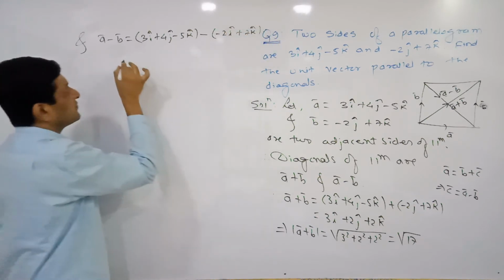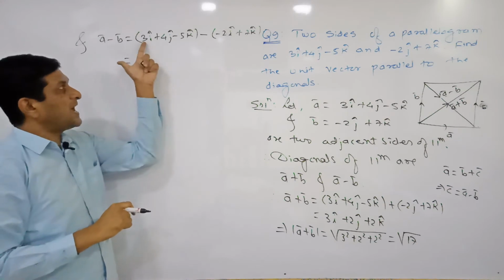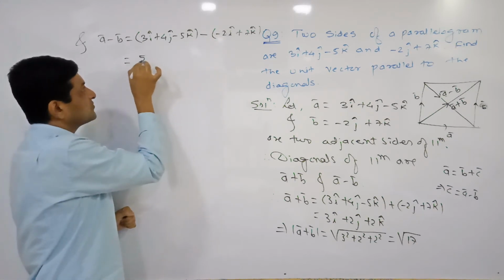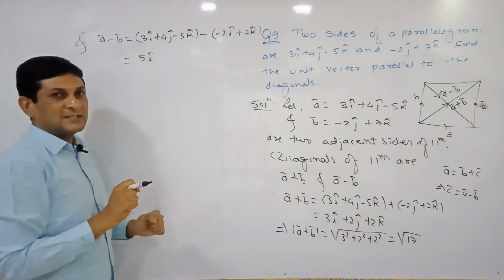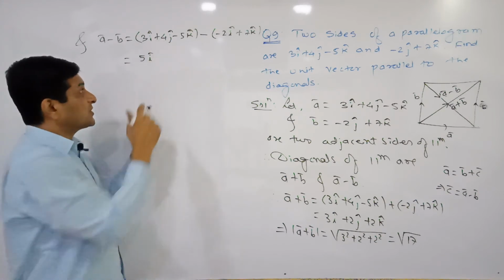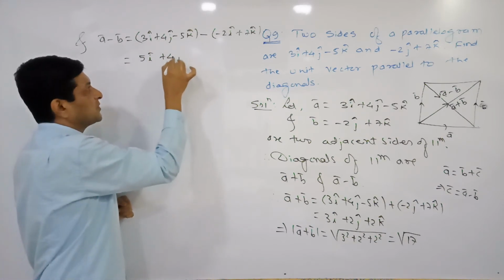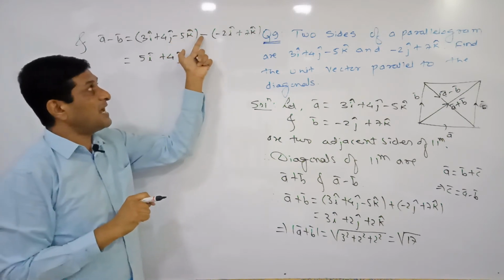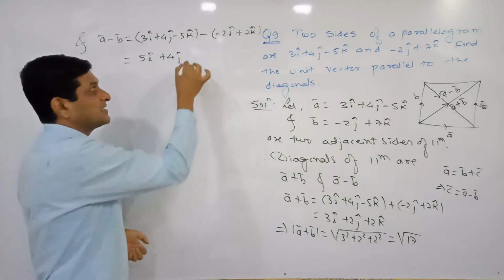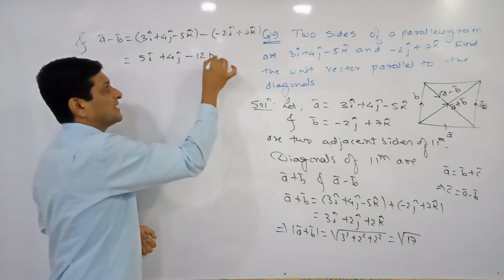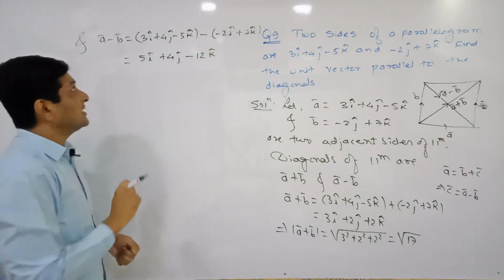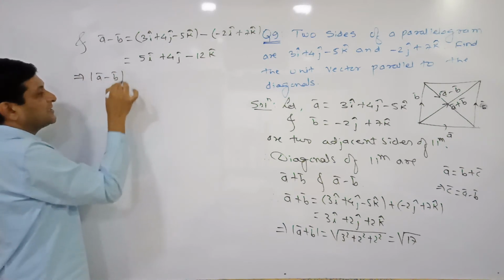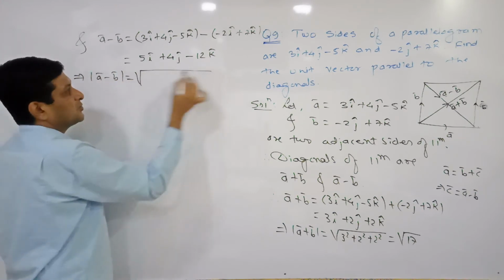So let us try to find the difference here. 3i cap minus 2i cap... 3 plus 2 will be equal to 5i cap. Now collect the terms of j cap: plus 4j cap. Lastly, collect the terms of k cap: minus 5 and minus 7 will be equal to minus 12k cap.